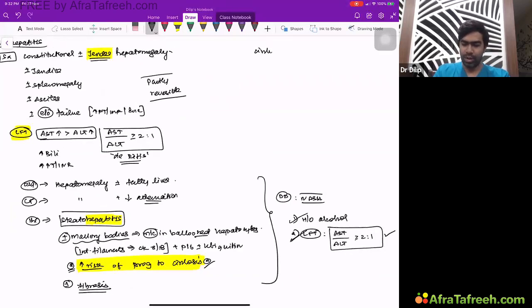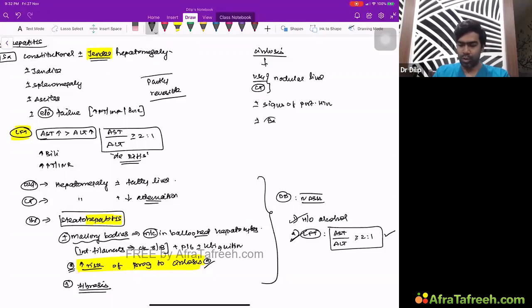The next step is progression to cirrhosis. Cirrhosis, once again, is destruction of liver architecture. Ultrasound, and maybe even CT, will typically show a nodular liver, and patients may have signs of portal hypertension, plus or minus.